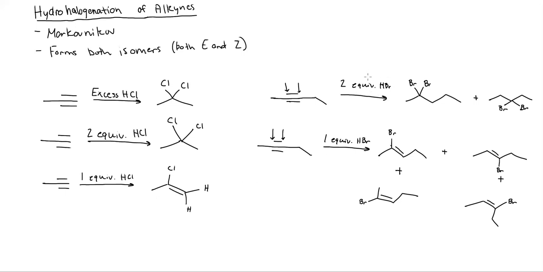And then two equivalents with an internal alkyne is going to give me two different geminal dihalides. And then one equivalent with an internal alkyne is going to give me four different isomers, well, two different products that each have two different isomers of these vinylic halides. Okay. So that's basically all the different caveats to this reaction.